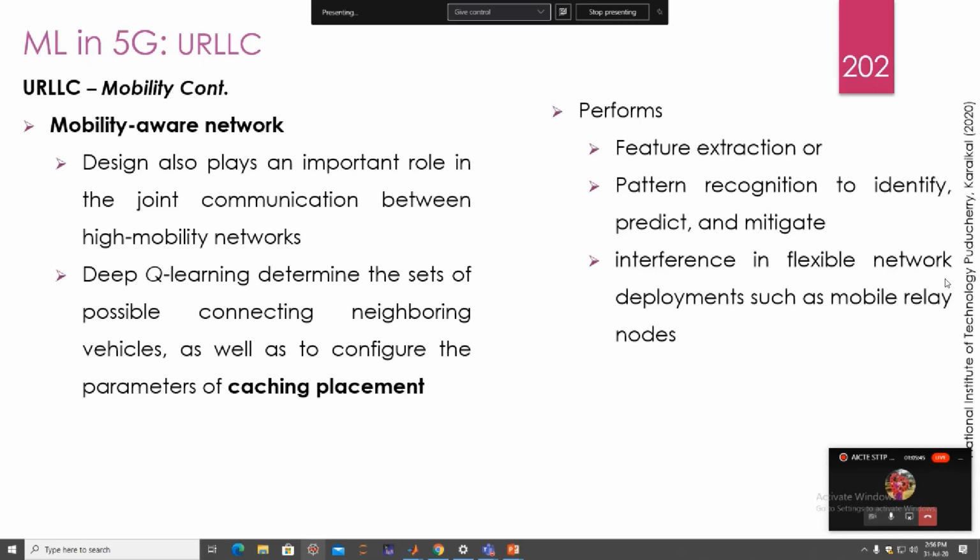In the morning session we also discussed deep Q learning, which determines the set of possible connections to neighboring vehicles as well as configures the parameters of caching placement. So this deep Q learning is patented by Google. It performs feature extraction and pattern recognition to identify, predict, and mitigate interference in flexible network deployments such as mobile relay nodes, etc.